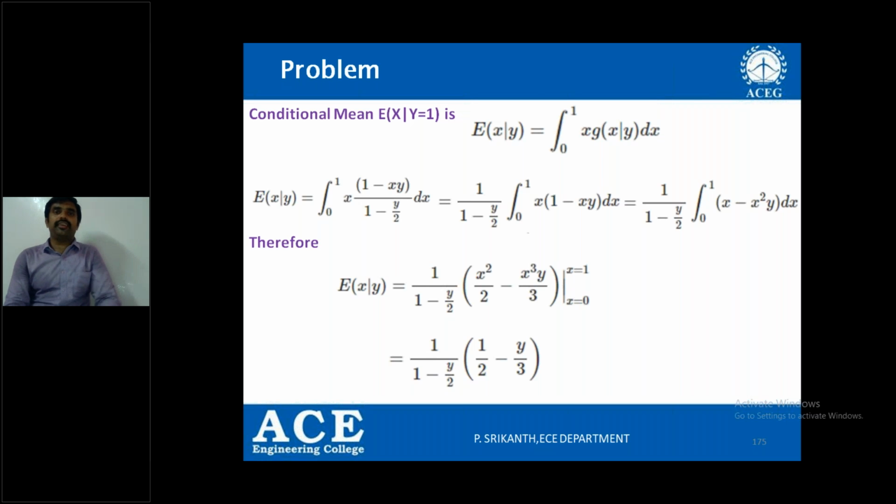Right? So this is the way to solve the problems. In this session, we have discussed joint moments about the origin and joint central moments, and by using the joint moments and joint central moments, how to find the statistical parameters like mean and variance of the random variables.